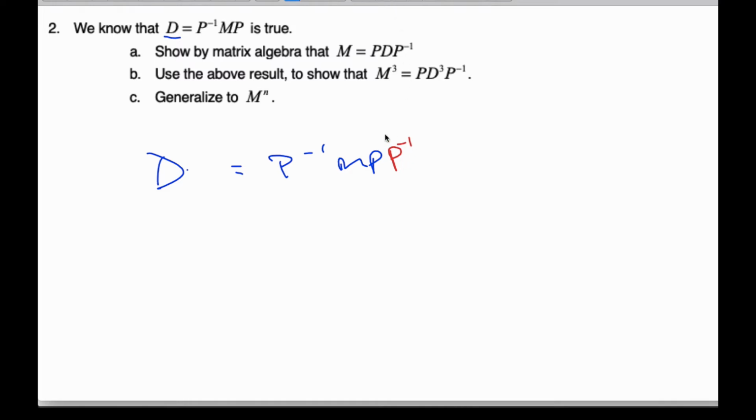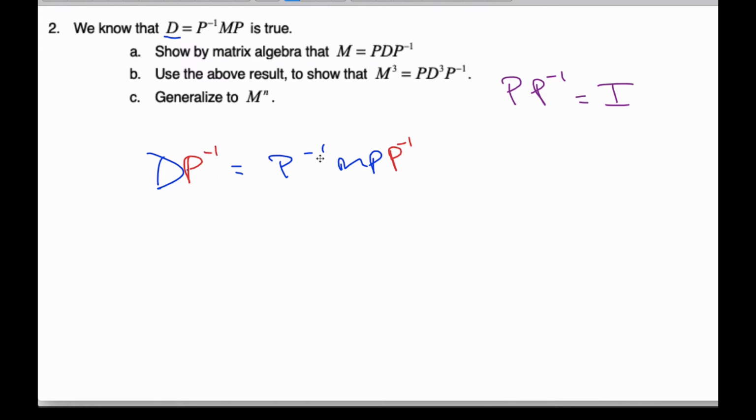And the reason why I can do that is if I go P times P inverse, that's equal to the identity matrix I. So this is in essence 1. So if I multiply on the right-hand side by P inverse, then I must multiply on the right-hand side by P inverse.